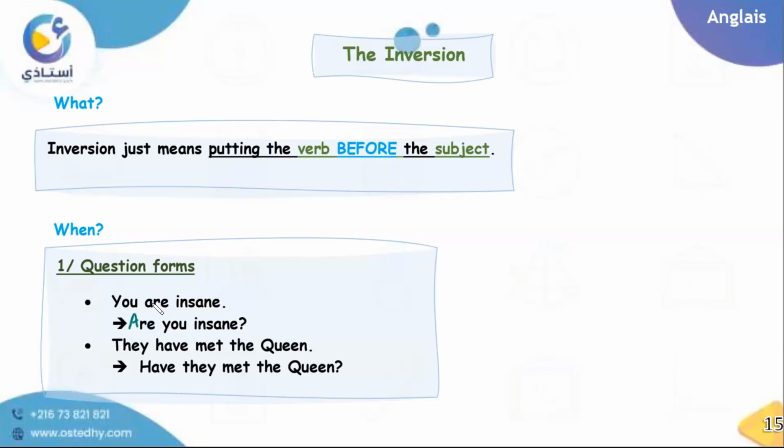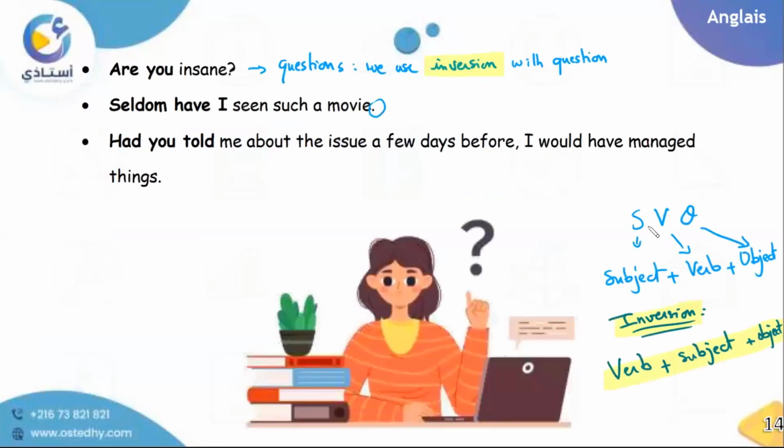Then we wouldn't say they have met the queen. If we want to ask a question, we need to put the verb before the subject, and we would say, have they instead of they have. Have they met the queen? Let me repeat that. We said that we have an SVO agreement. What does this mean? Whenever we have a sentence, we need to start with a subject first, then the verb, then the object.